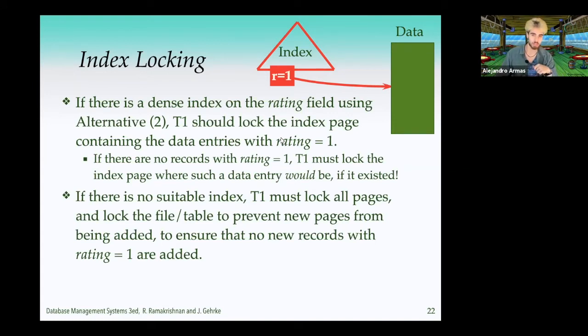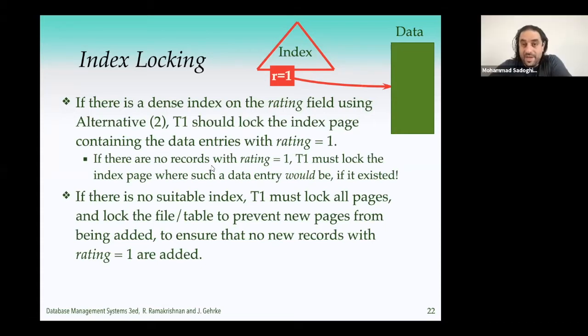I was just going to say, this is assuming that the index is like a page within the buffer pool, and then we do the locking on those pages of the index. The assumption we're making here is, first of all, there is an index on rating, because if there's no index on the rating, then this solution won't work.